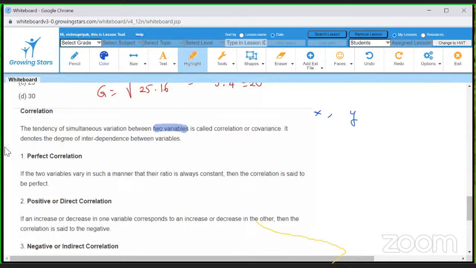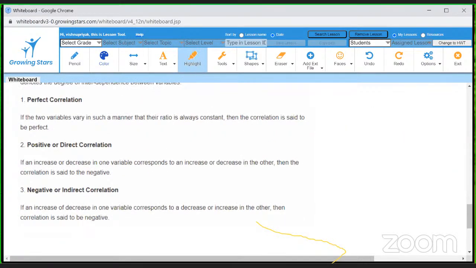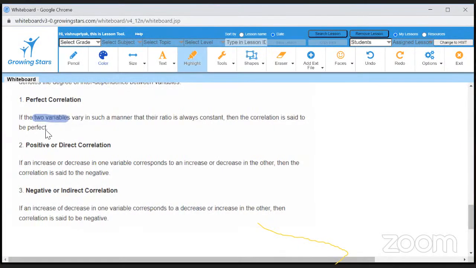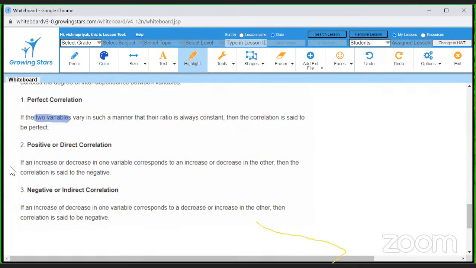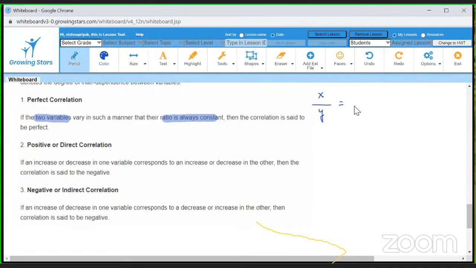That is correlation. Now, perfect correlation: the two things are changing in such a way that their ratio is always constant, something like 3:5. Then that correlation is called perfect correlation.